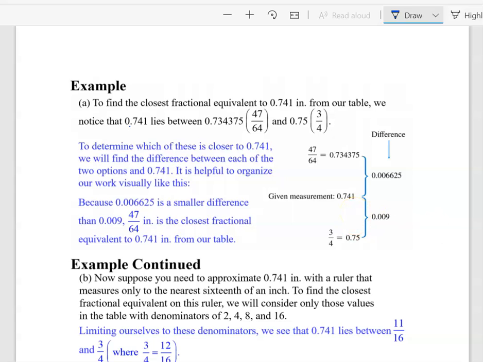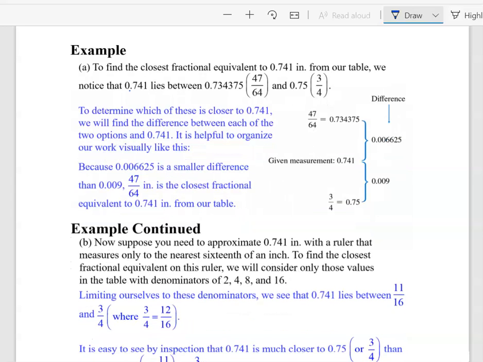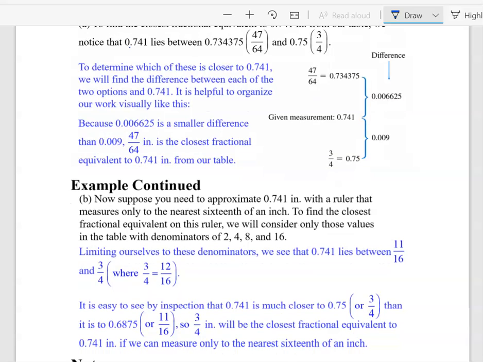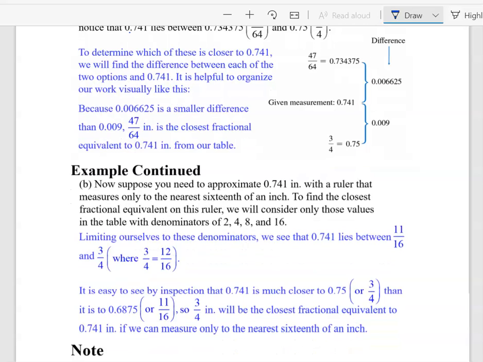Now, suppose you need to approximate 0.741 inches with a ruler that measures only to the nearest 1/16 of an inch. To find the closest fractional equivalent on this ruler, we'll need to consider only those values in the table with denominators of 2, 4, 8, and 16 because that's all they use on a ruler.